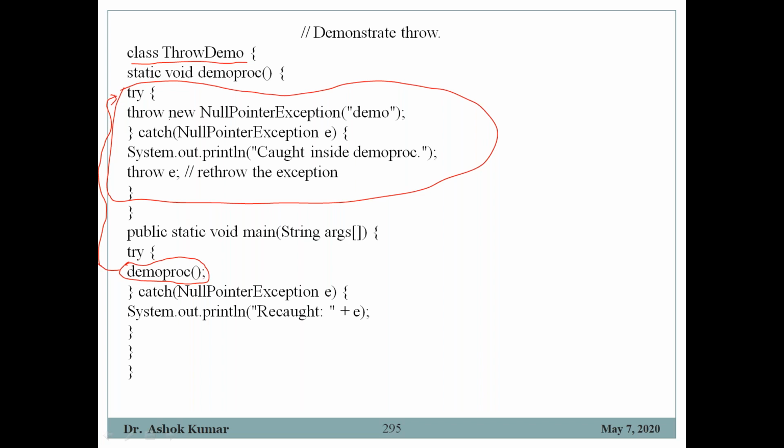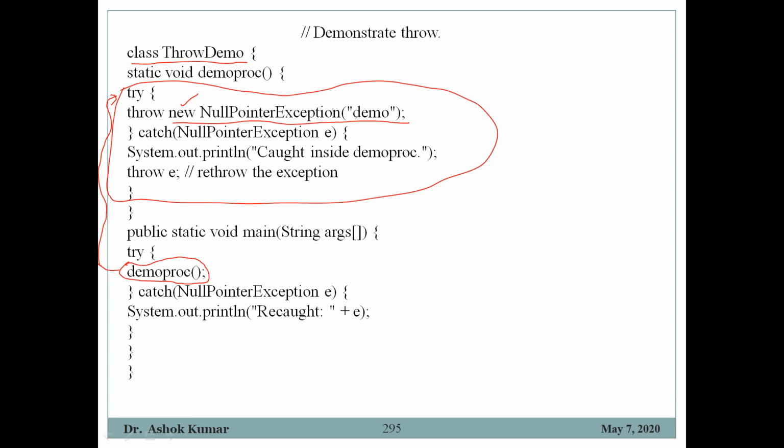The very first statement will run, and in this statement we are creating the object of one class, and the class name is NullPointerException. We are creating the object of this class and passing one string to this. To create the object, as we discussed earlier, you will first write the new keyword and then the class name.